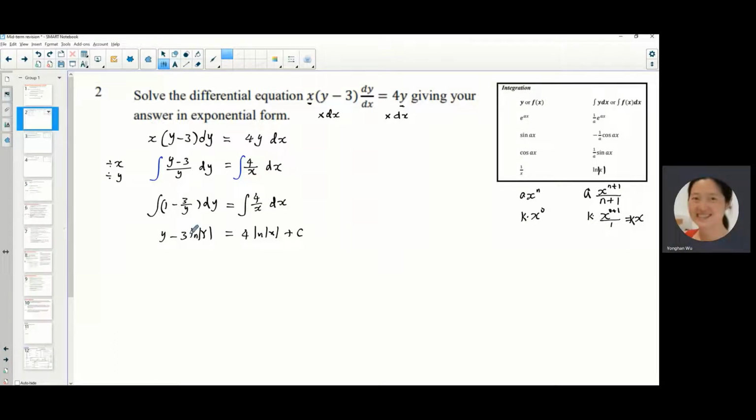Now, that is solved, but it says it wants your answers to all be in exponential form, so we have to try to get rid of the logs. In order to get rid of logs, at this point, if you want to drop your absolute value, that's totally acceptable here.